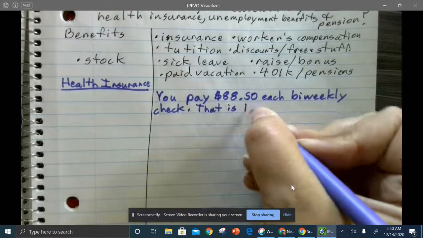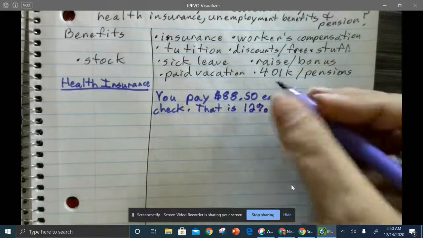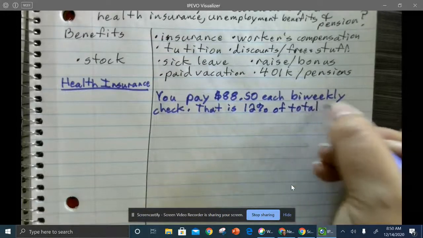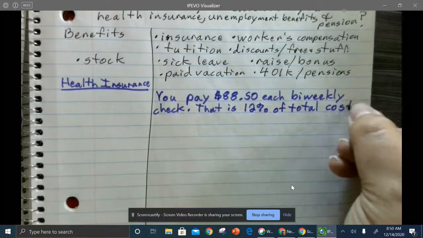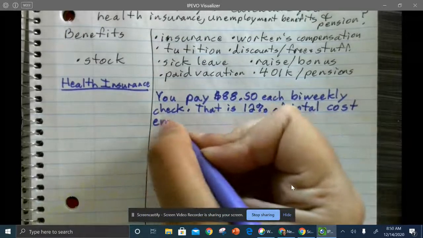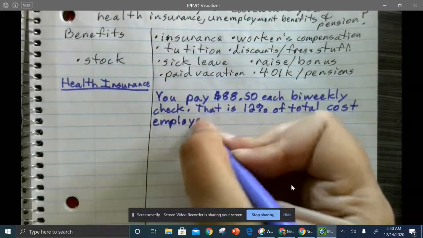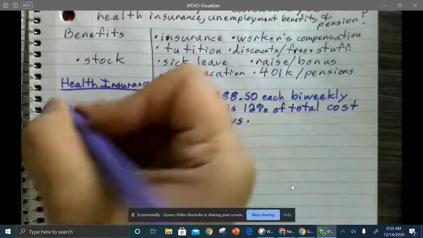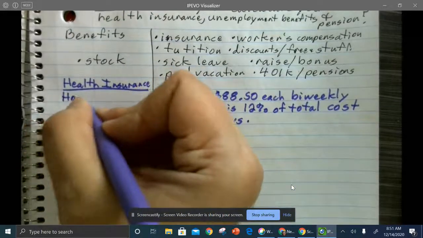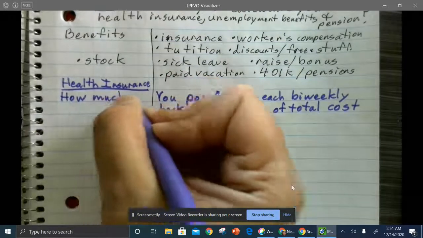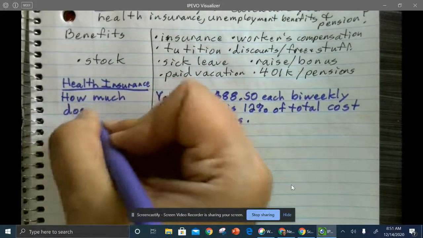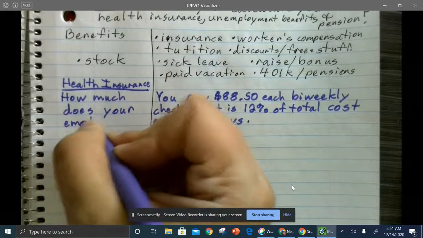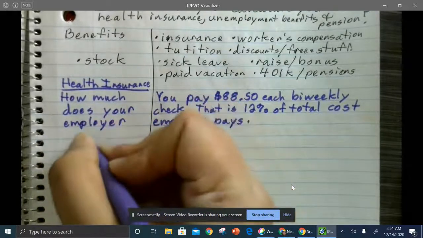That is 12%. So you don't pay all of it, your employer is paying the rest of the total cost. Okay. What we want to know, how much does your employer pay?